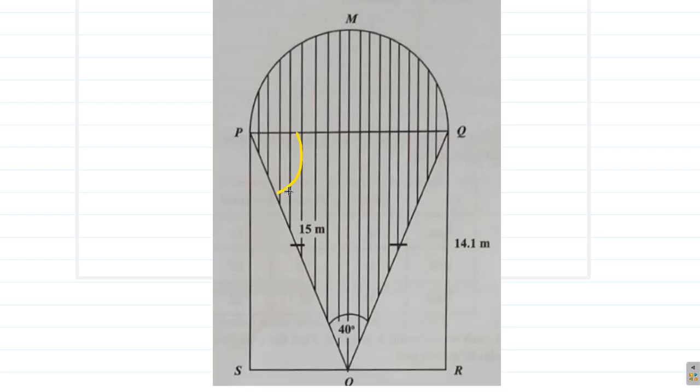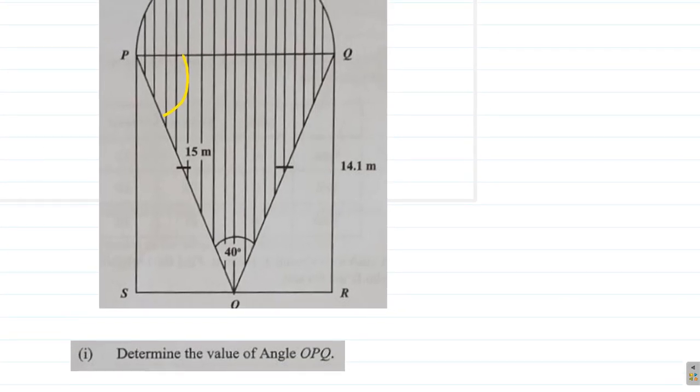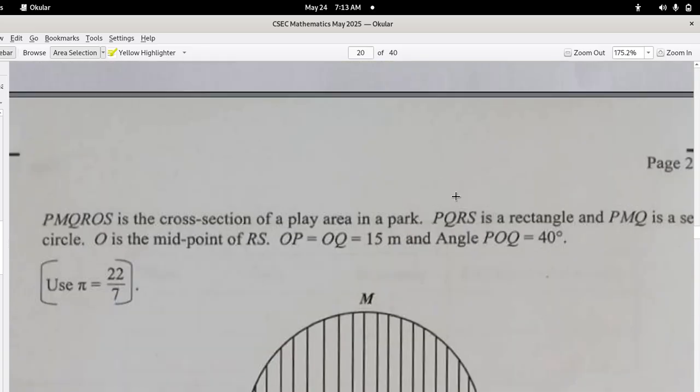Now, when we look at this triangle, you can see if O is the center here, the length OP and OQ is 15, both the same. In fact, they told you that too. OP equals OQ equals 15, right?